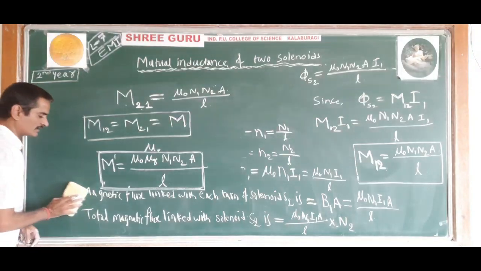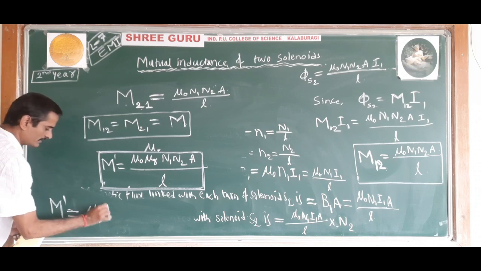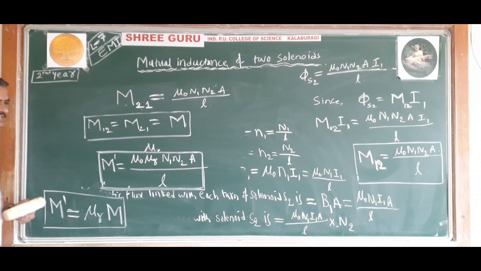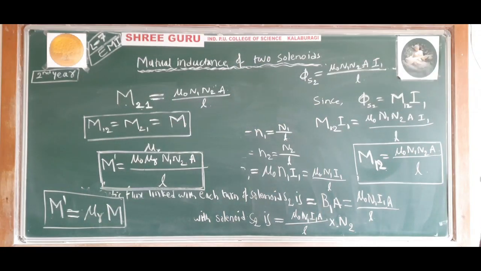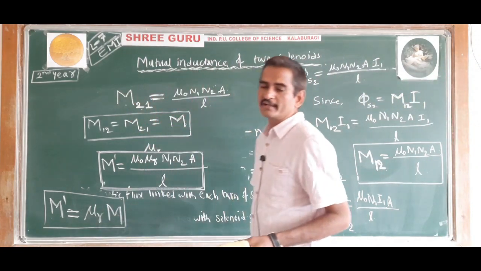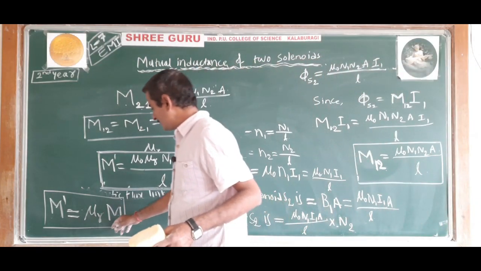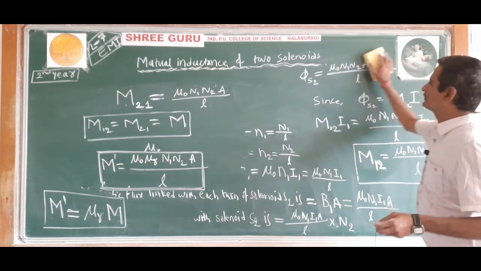So M dash is equal to mu r into M. That is, M dash is the mutual inductance of a pair of solenoids having a magnetic material at the core, and M is the mutual inductance of the same pair of solenoids having an air core. Understood? So this is about the mutual inductance of two solenoids.